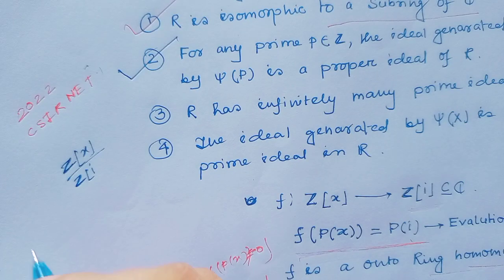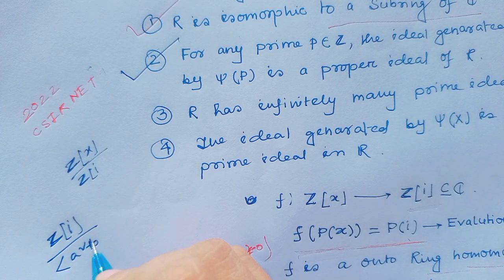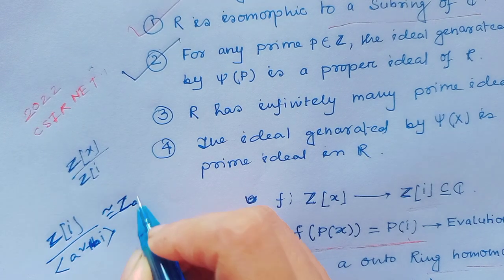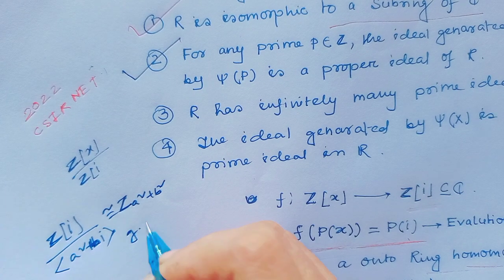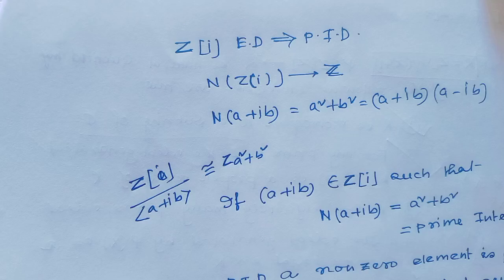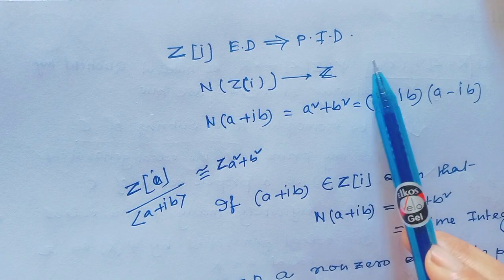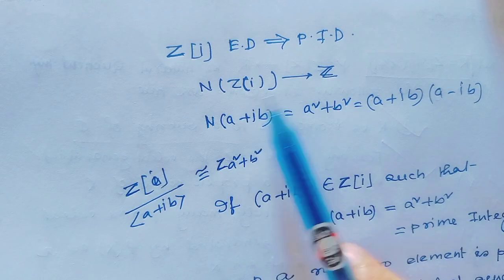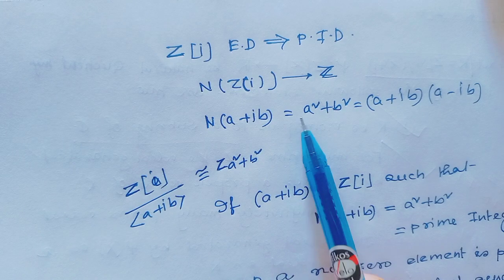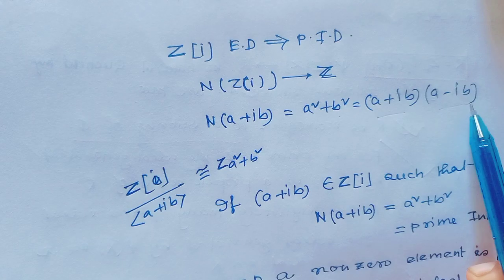Notice, we all know Z[i] modulo the ideal generated by a plus bi is isomorphic to Z modulo a square plus b square, when the GCD of a and b equals 1. We also know Z[i] is an integral domain, and that implies P.I.D. Here the norm is defined from Z[i] to Z, where the norm of a plus ib equals a square plus b square, which is equal to a plus ib times a minus ib.